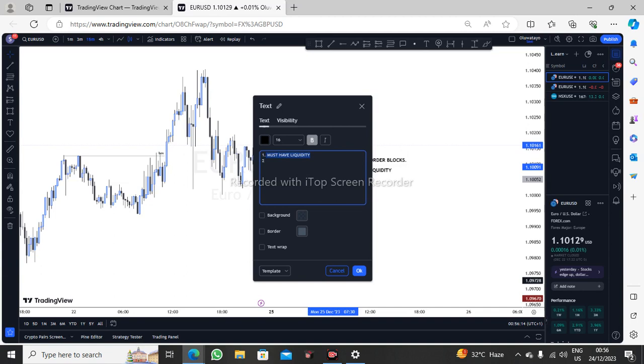So first of all, an order block must break structure. If you watch out for all of these things, trust me, it must break structure. Then second, it must have inefficiency.